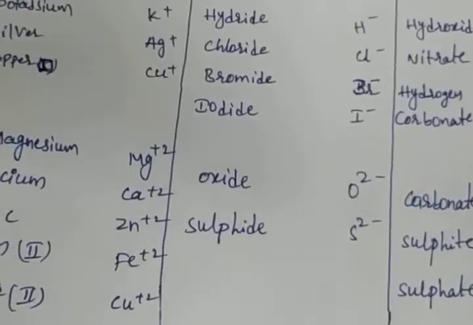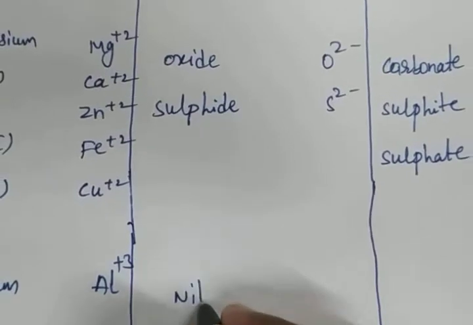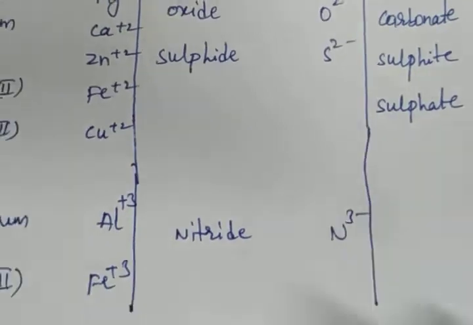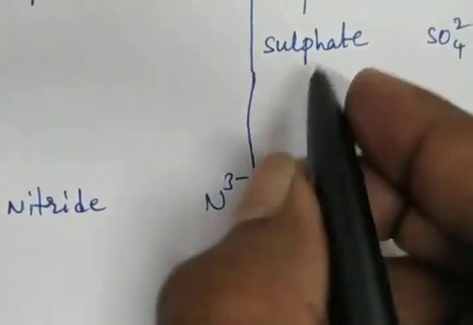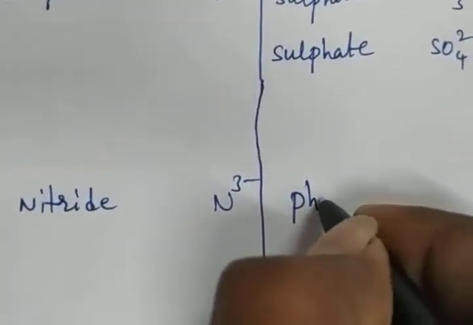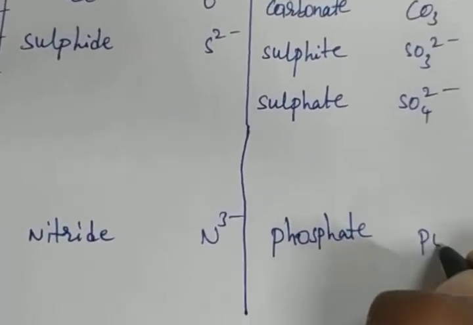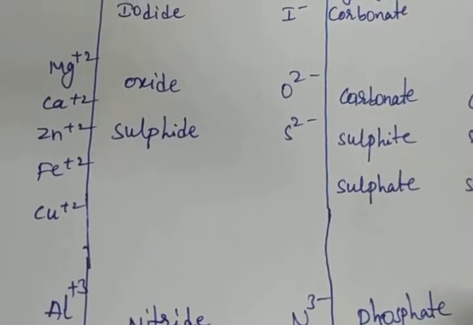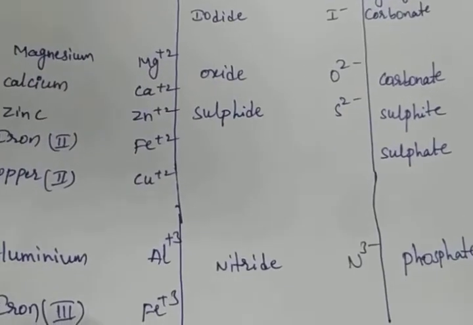The non-metallic element is nitride. What is the symbol of nitride? N3 minus. And the last one, the polyatomic ion phosphate. What is the symbol? PO4 minus 3. This is phosphate.